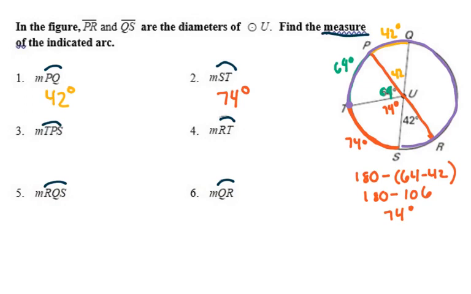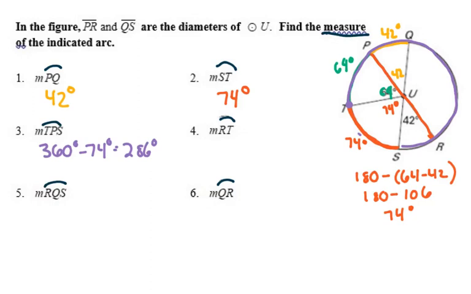For this one, I'm going to use the idea that a major arc is equal to 360 degrees minus our minor arc of 74. So 360 degrees minus 74 degrees is equal to 286 degrees.